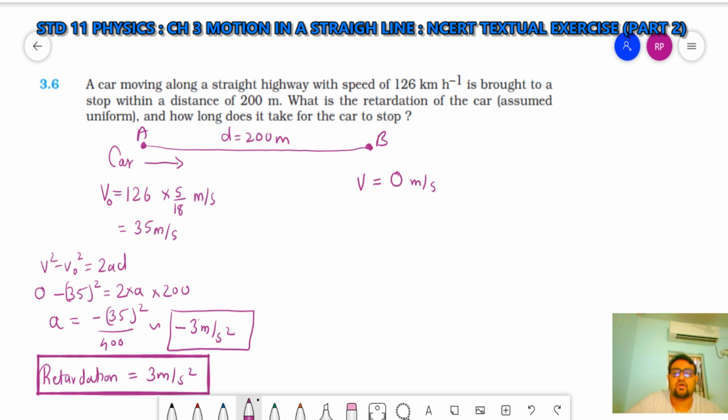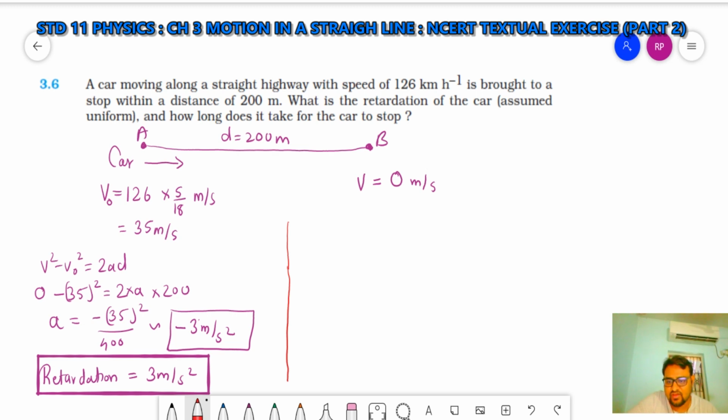Now, the second part: how long does it take for the car to stop? We require to find out the time. There are three kinematic equations; v equal to v0 plus at. Let's check first. Do we have the final velocity? Yes. Initial velocity?